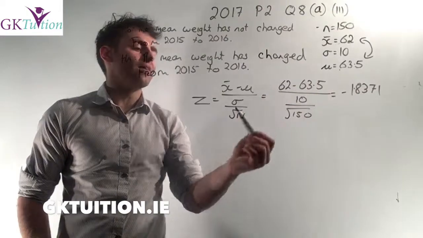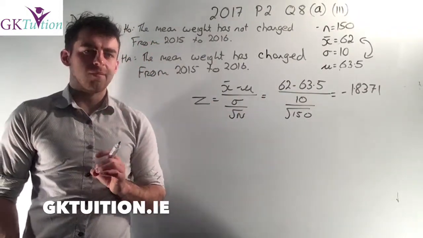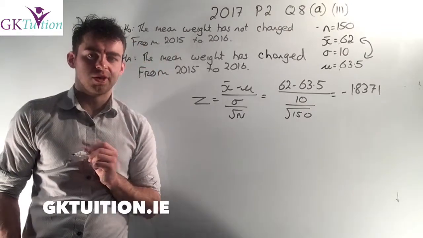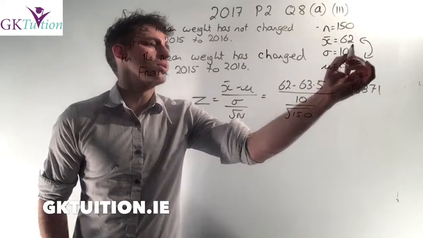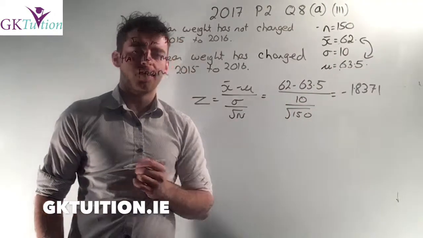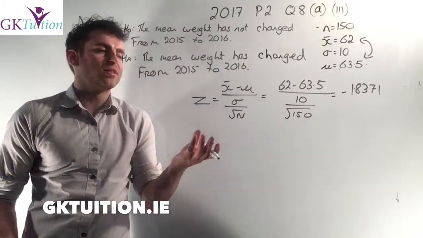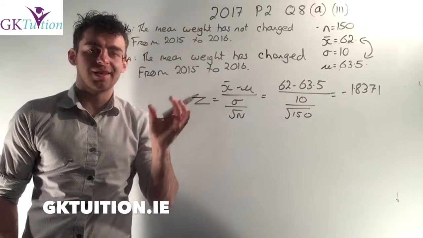And in order to do that, we need to do our calculations here, but I'm going to talk about that in a second. The first set of marks go for our null hypothesis and our alternative hypothesis. You always work off the assumption that there is no statistically significant difference between the X bar and the population mean. That it's just a coincidence that the people I weighed happen to be 1.5 kilos less than the average.